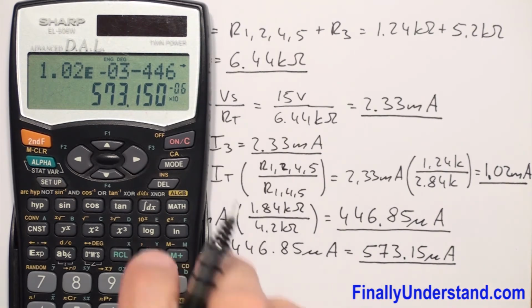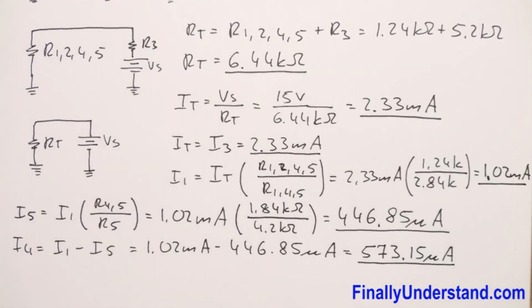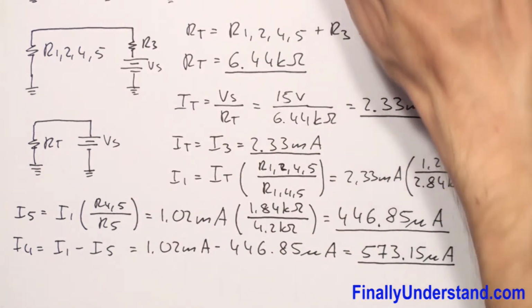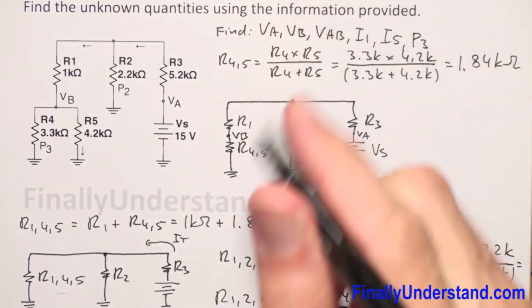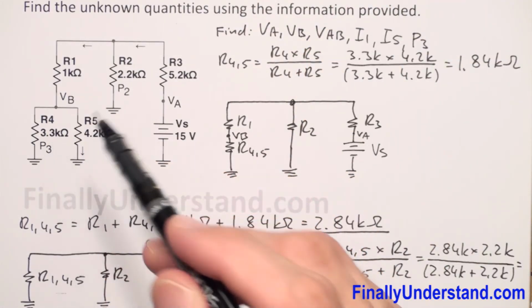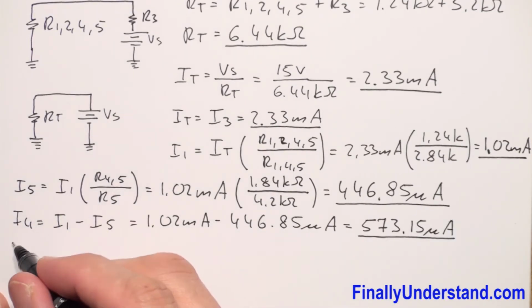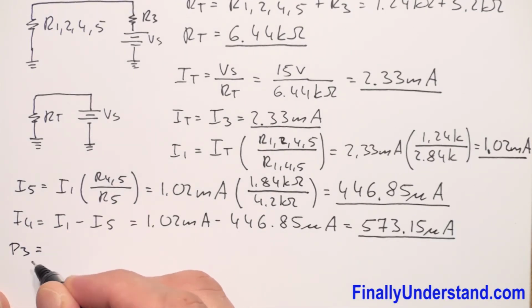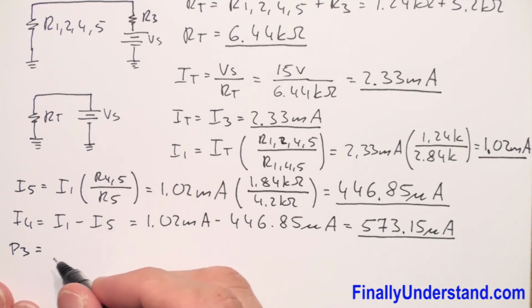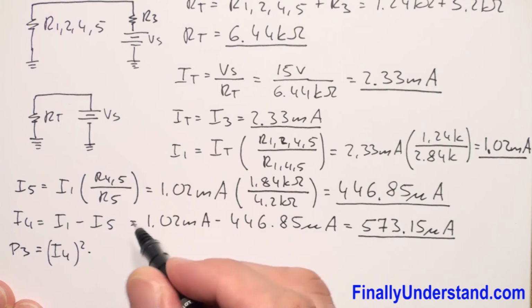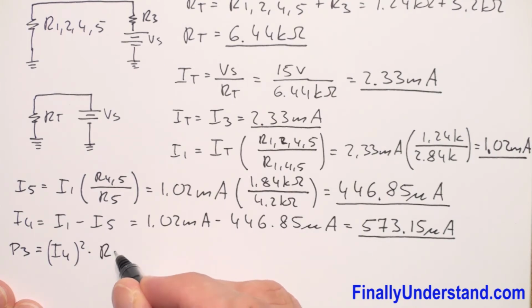Okay, so this is the current which goes through resistor R4. This is my resistor R4 over here. So now if I have the current and I have resistance, I can find the power. So I can say P3 is equal to I4 to the second power times resistance R4.